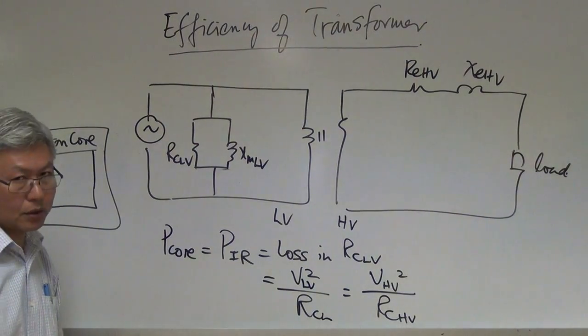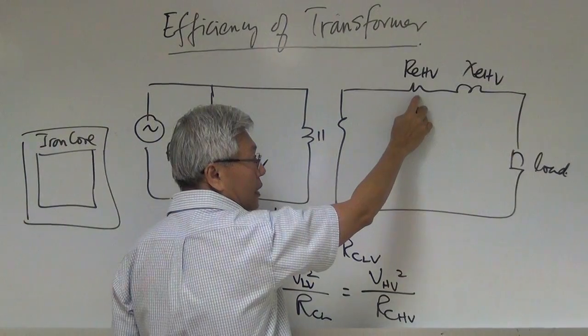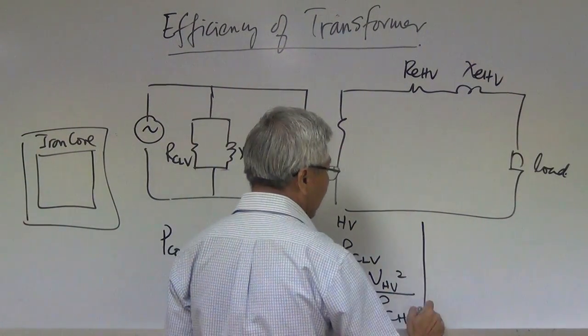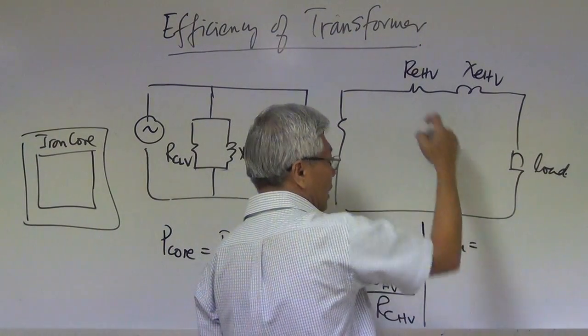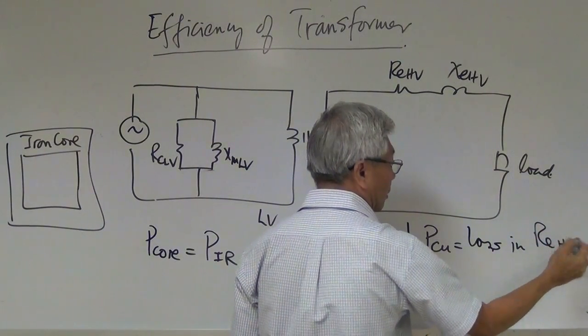Then the other loss is the winding resistance. And winding resistance is made up of copper wire. And that is why it is called copper loss. Okay, copper loss happens in REHV. Alright?